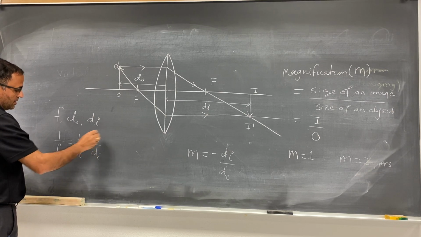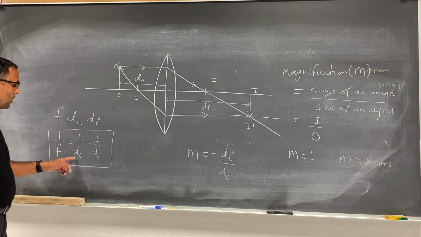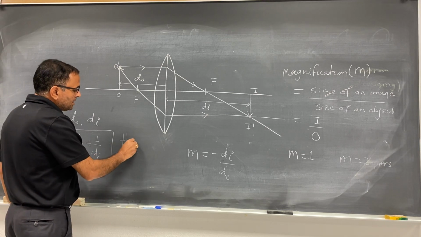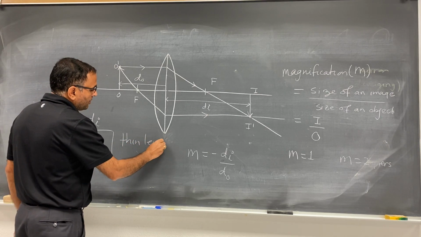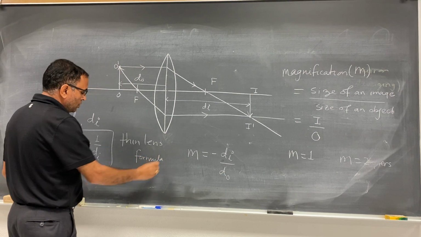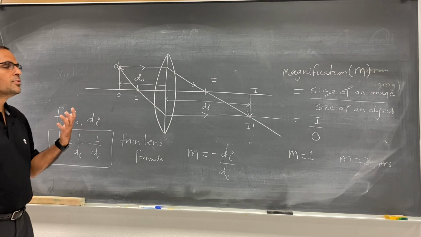This is a formula to calculate the focal length, the object distance, and the image distance. This is also called the thin lens formula. You can use this formula if you have to calculate the object distance, image distance, and focal length.